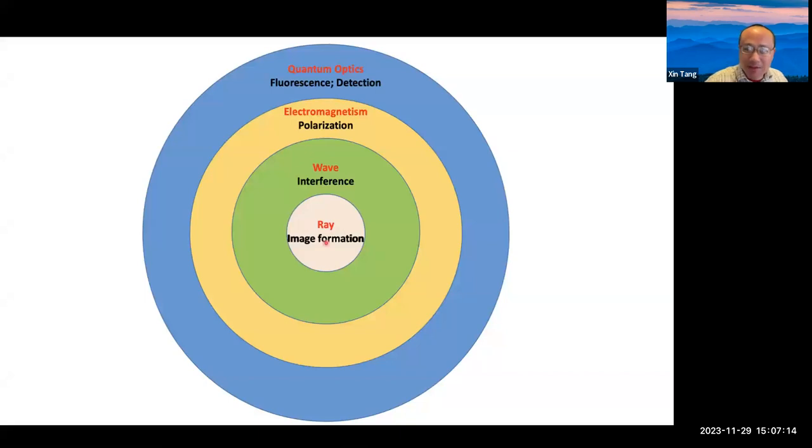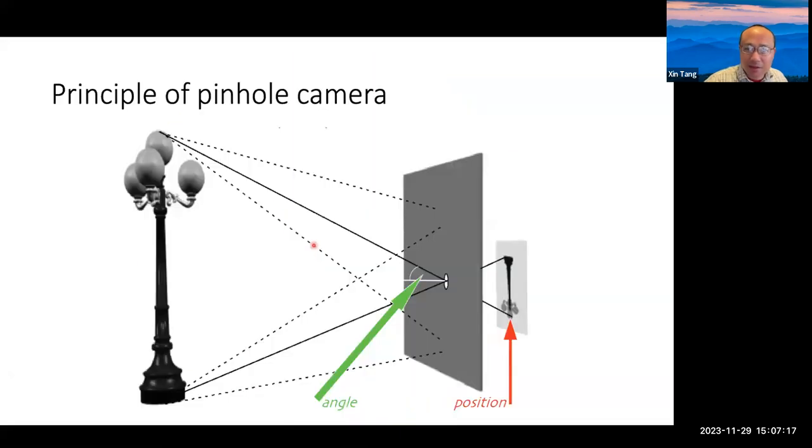So to start, as we mentioned before, in the first part on ray optics, when people put an opaque board in front of a lamp, in front of a lighting object, and make a hole there, they will find at the back of the opaque board we will see an image of this real object.